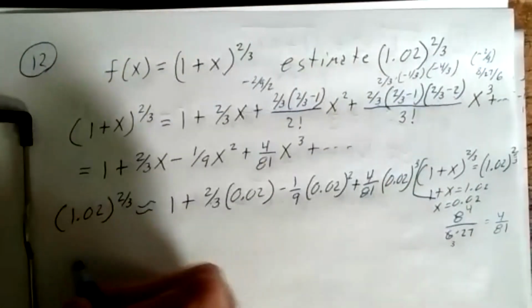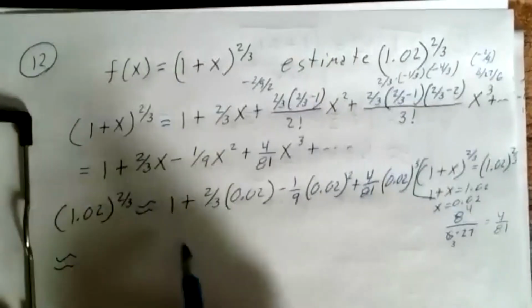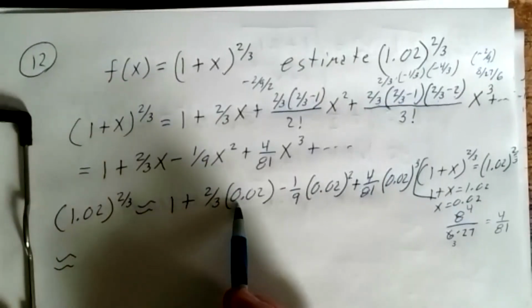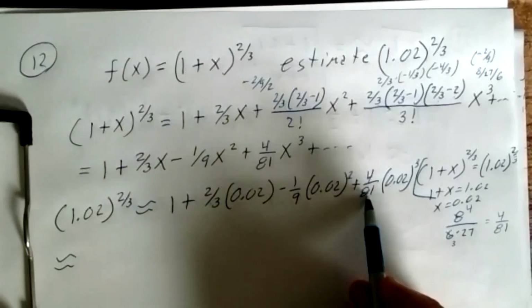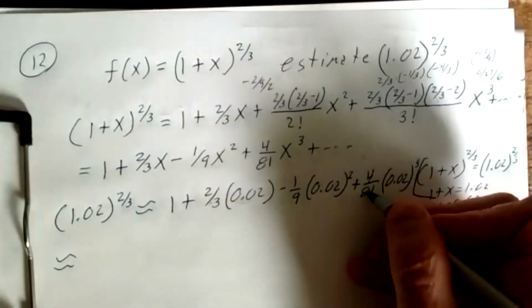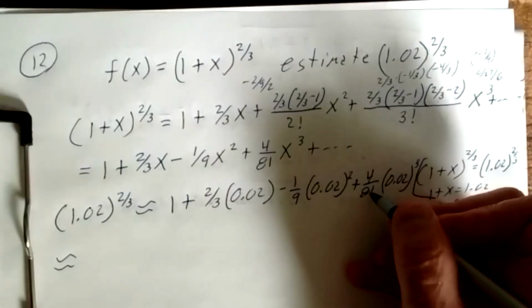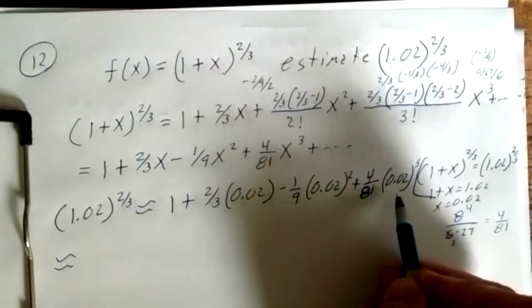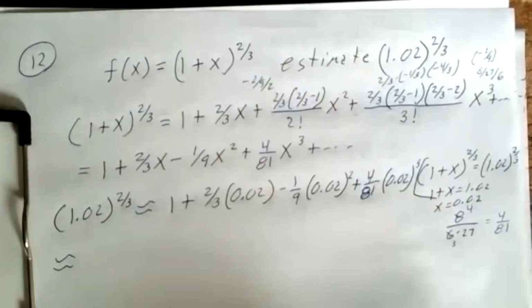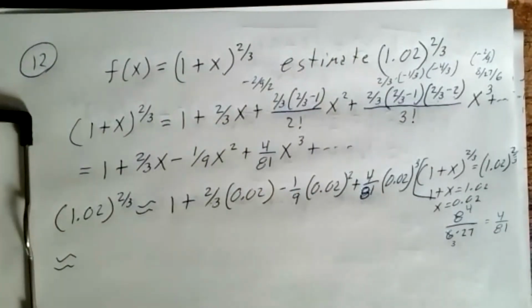All right, so now we need to dial this up on our calculator. 1 plus 2/3 times 0.02 minus 1/9 times 0.02 squared plus 4/81 times 0.02 to the 3rd power. So getting on the calculator and dialing that up. Calculator is about to die.